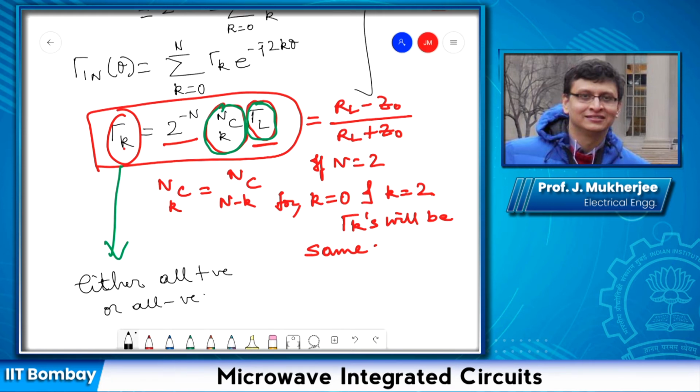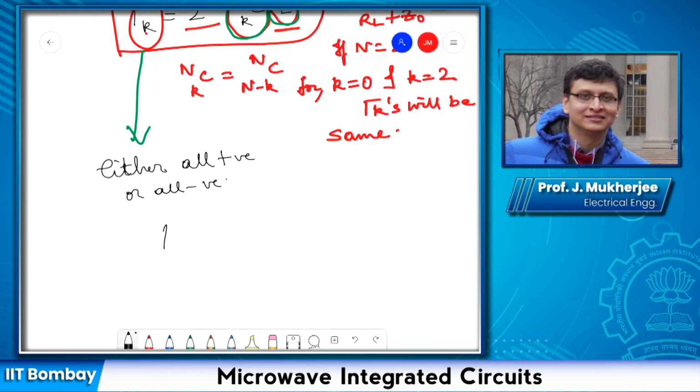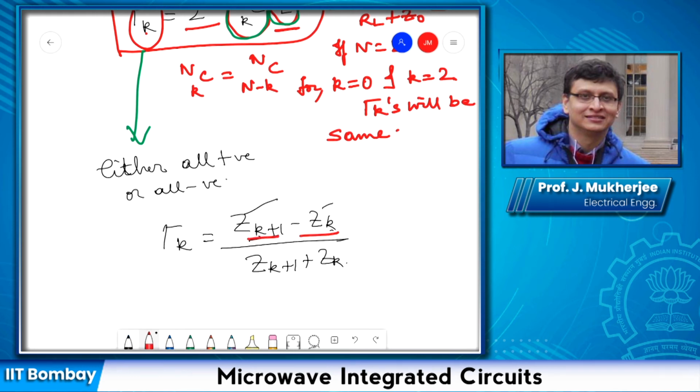If that is the case, then from the expression for gamma k, recall what is gamma k? If all gamma k's are positive, then it means every Zk plus 1 is greater than every Zk. If all gamma k's are negative, that means every Zk plus 1 is lesser than every Zk.